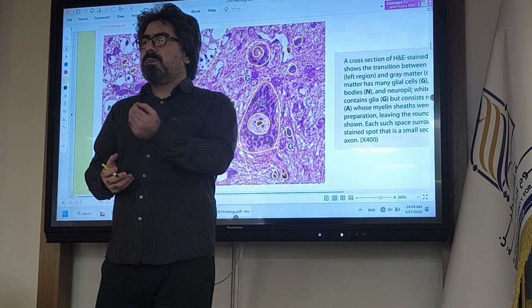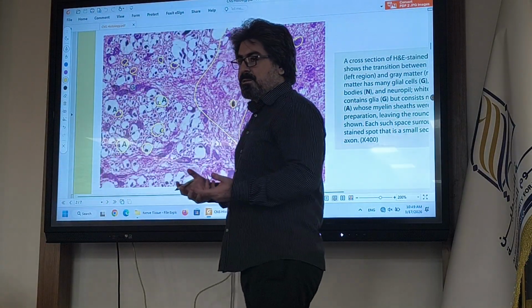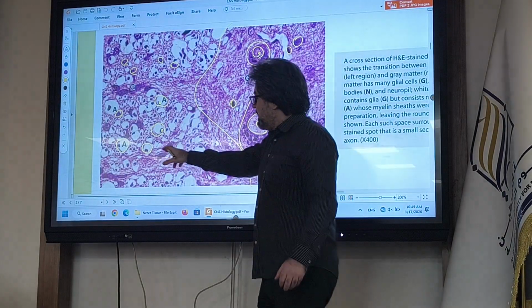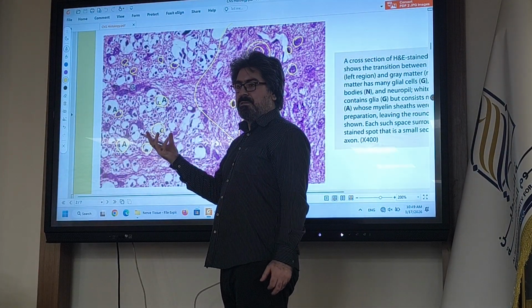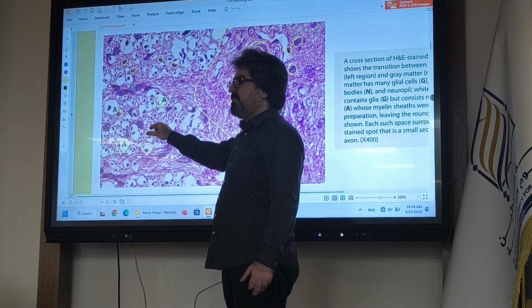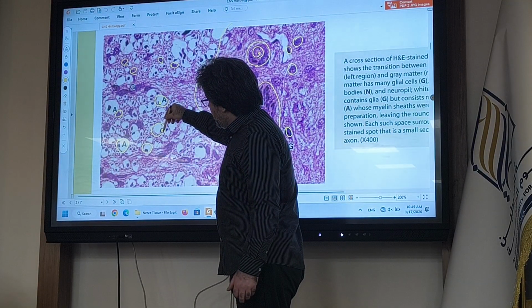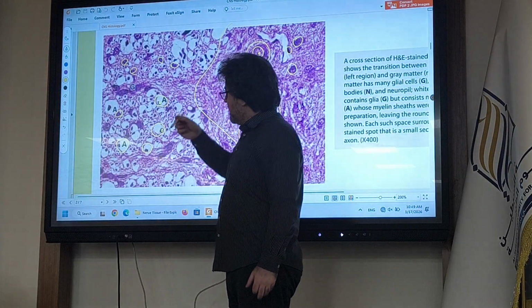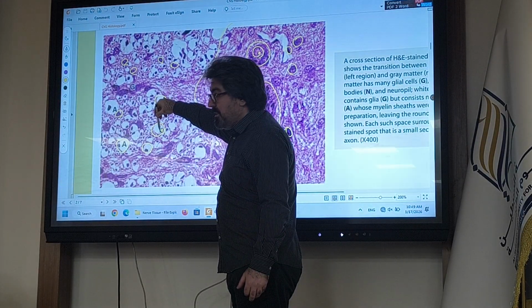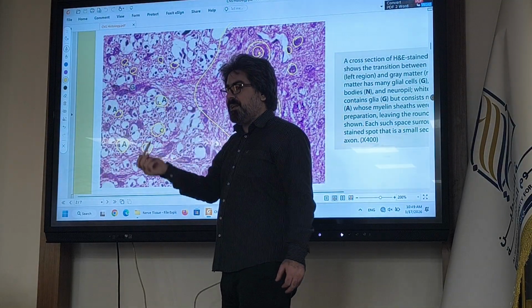Lipids dissolve in alcohol, so the location of the myelin sheath is empty, is white. So this structure is a myelinated axon, this point is the axon, and the white part is myelin.